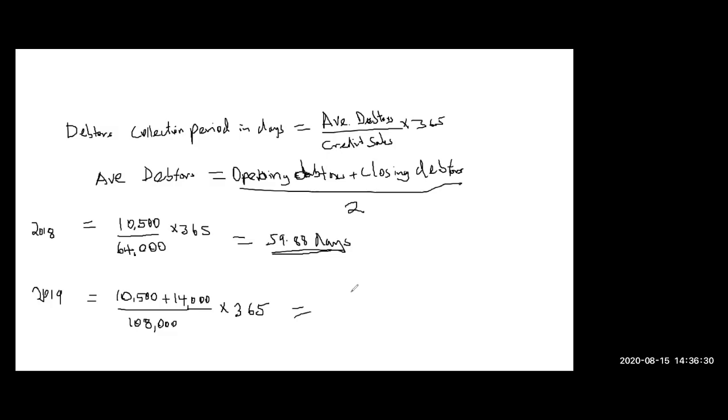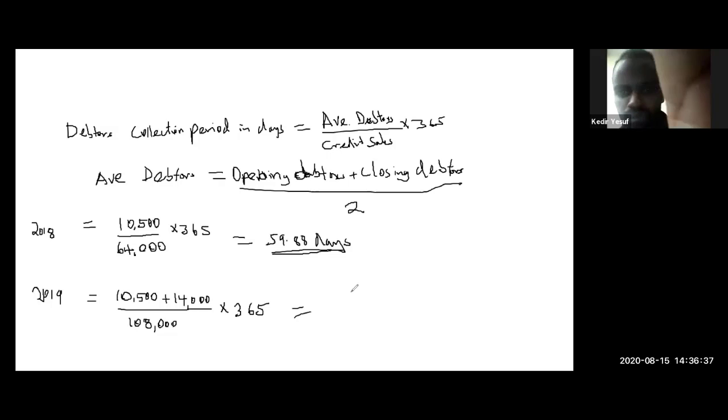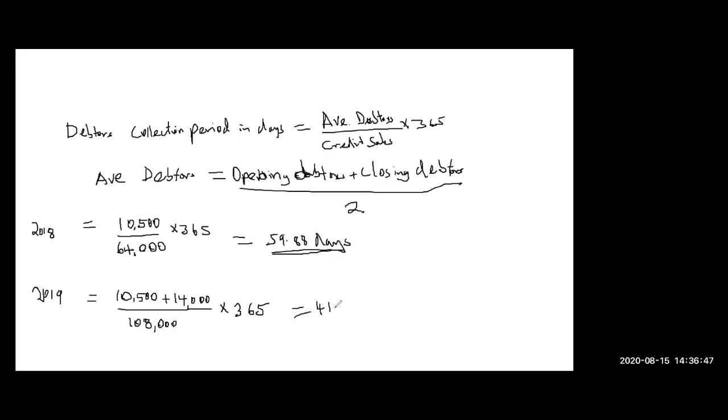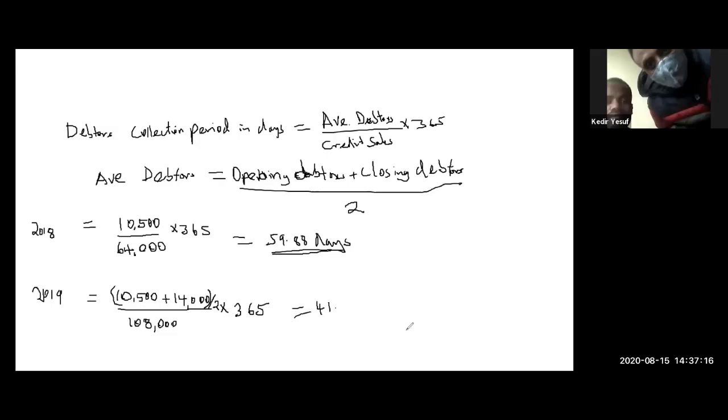How do you get that? 10,500 plus 14,000. Oh, sorry, this is divided by 2.